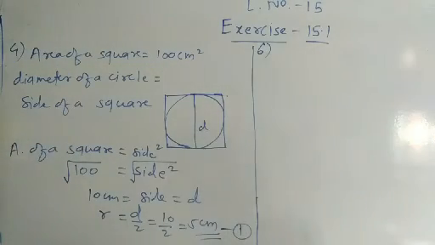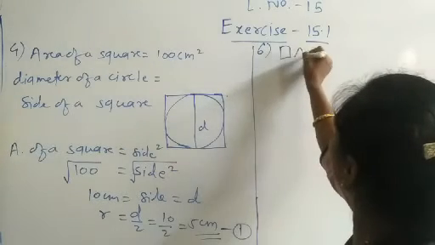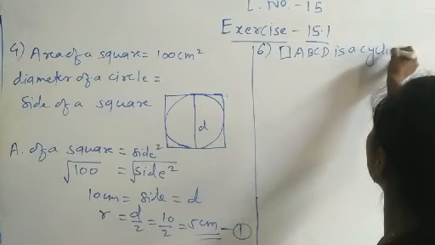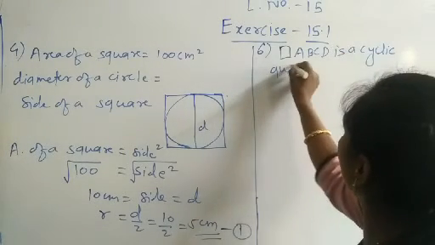Quadrilateral ABCD is a cyclic quadrilateral. First of all, we write here, quadrilateral ABCD is a cyclic quadrilateral.